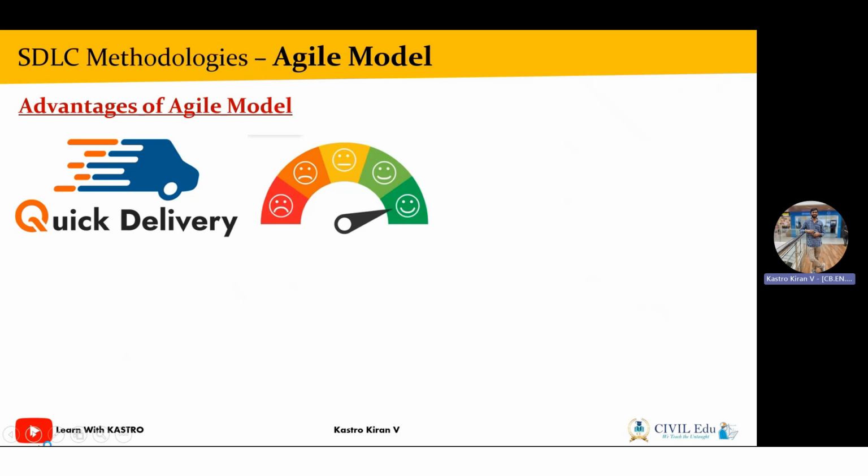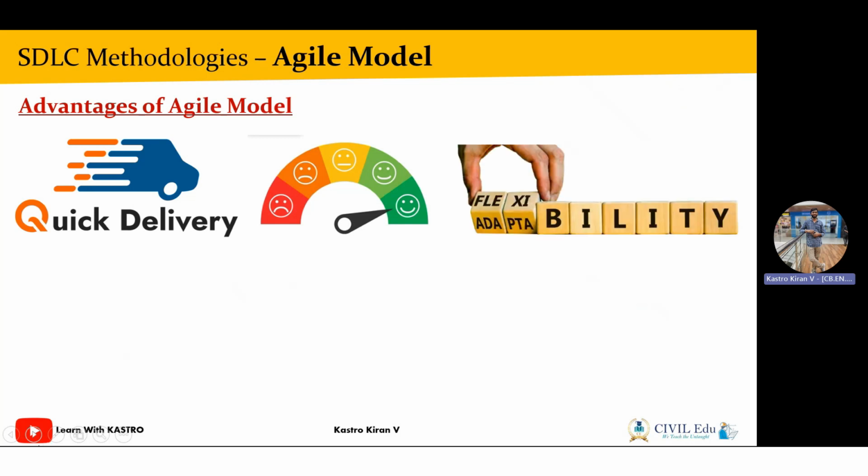And the third advantage is enhanced adaptability and flexibility. Agile is basically built to adopt new changes. Its iterative approach allows teams to easily adjust to new requirements according to market shifts or technological advancements during the software development cycle.